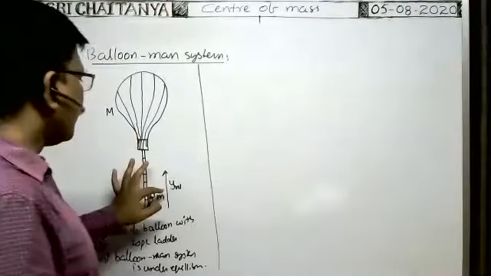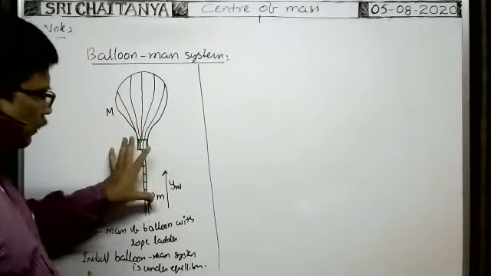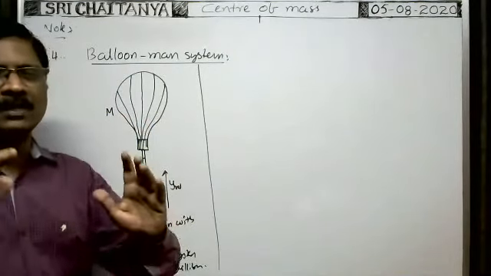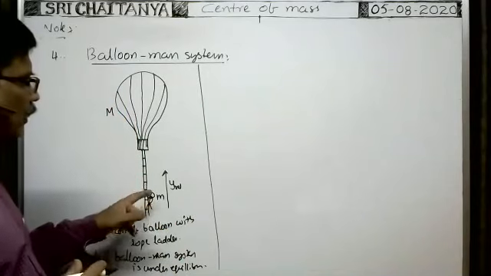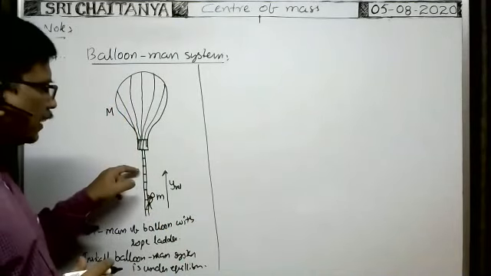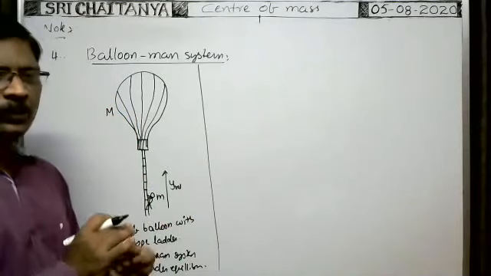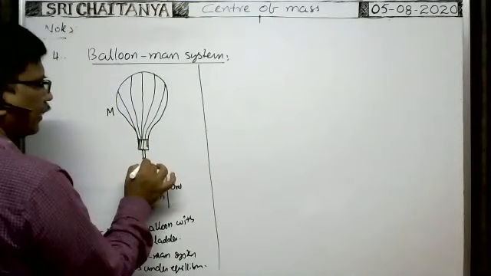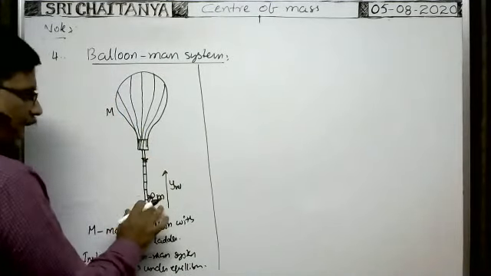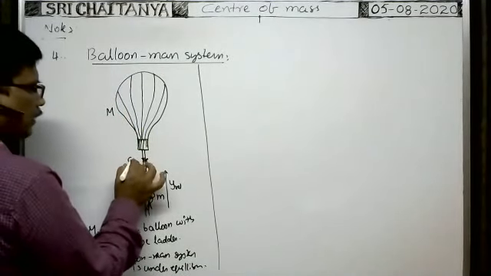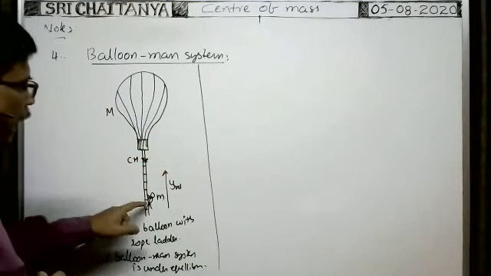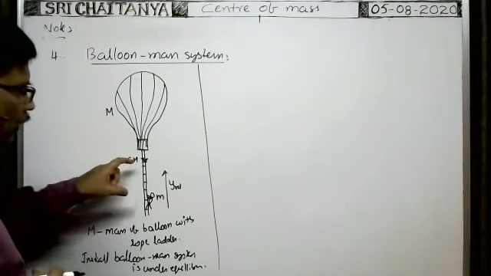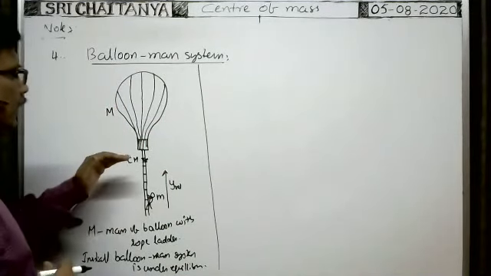Here the ladder and man, this balloon, ladder and man, these together you consider as a system. In the system, while the man moves upwards, he pushes the ladder downwards by applying force. That is the internal force. Initially, suppose the center of mass of the balloon and man system lies here. While the man moves upwards, he pushes the balloon or ladder downwards with a certain force, which is an internal force.